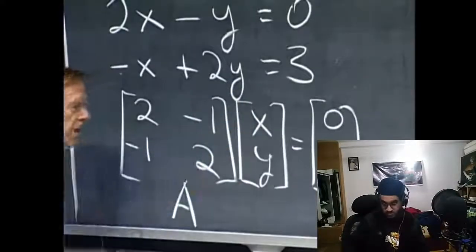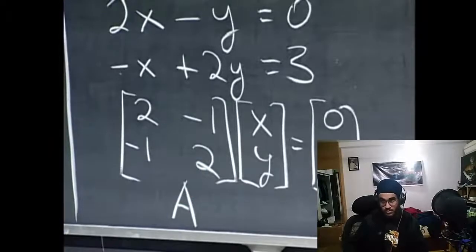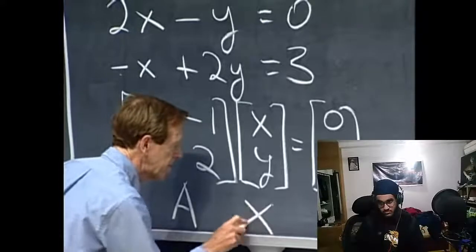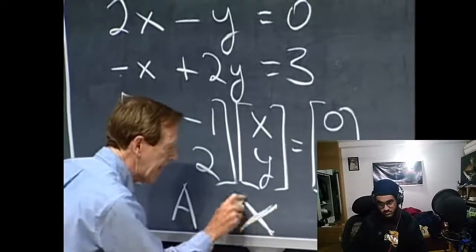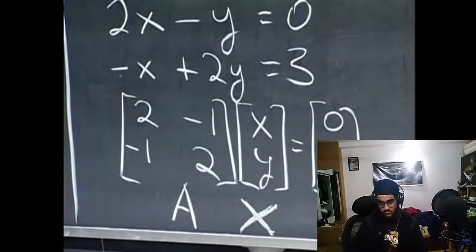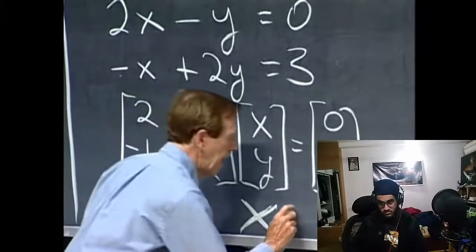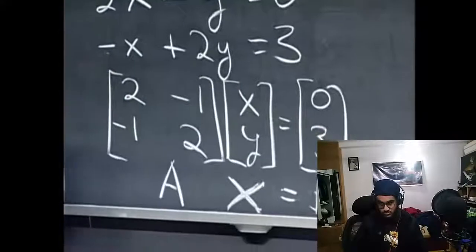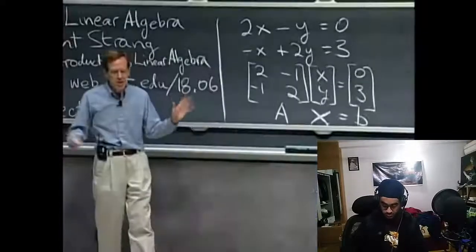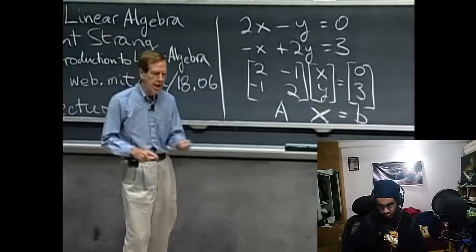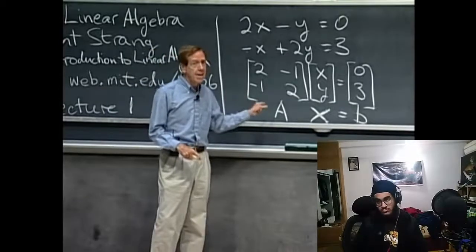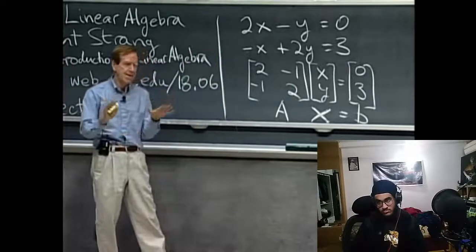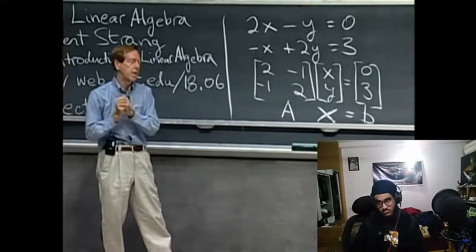Then there's a vector of unknowns. Here we've only got 2 unknowns. Later we'll have any number of unknowns. And that vector of unknowns, I'll make that x extra bold. And the right-hand side is also a vector that I'll always call b. So linear equations are Ax equals b, and the idea now is to solve this particular example and then step back to see the bigger picture.